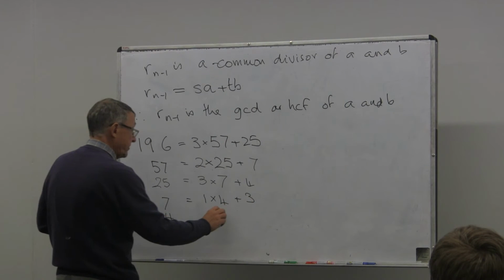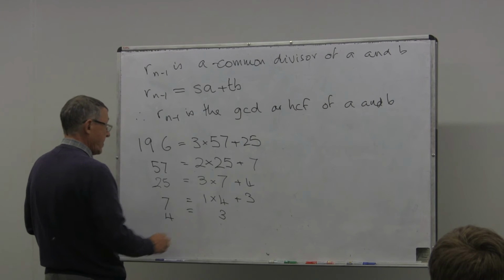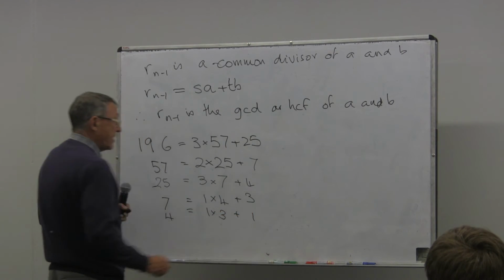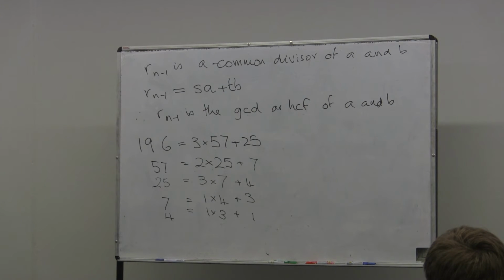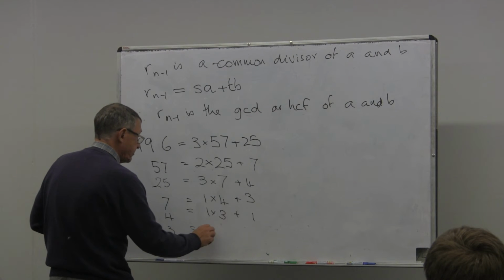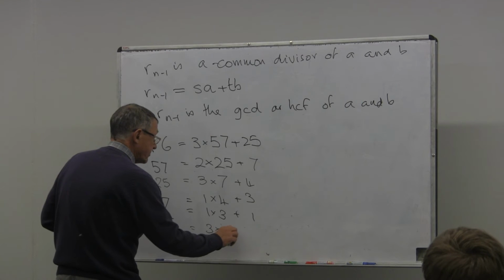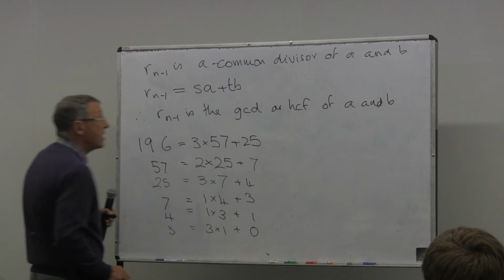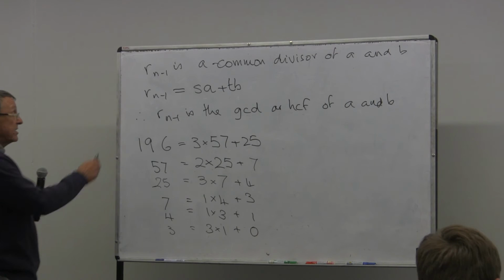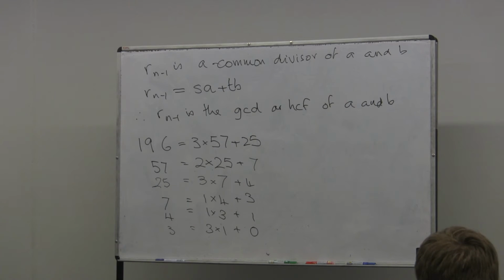The 3 comes here. And we know immediately that the next one is going to be 0. So the last non-zero remainder is 1. So the greatest common divisor of these two numbers is 1.